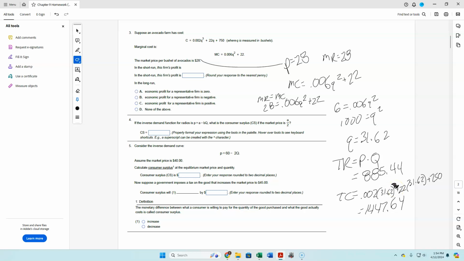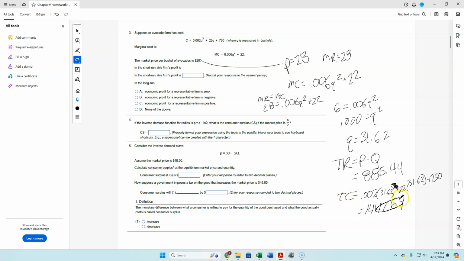Okay, 1 second here. 31.62 cubed plus 22 times 31.62 plus 750.